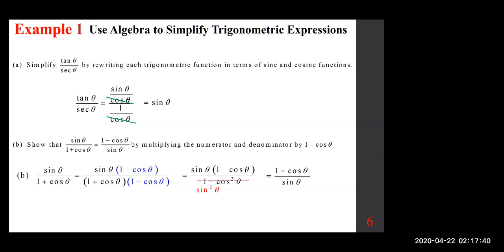So I want you to see that if you multiply these two, you get 1 plus cosine theta times 1 minus cosine theta.